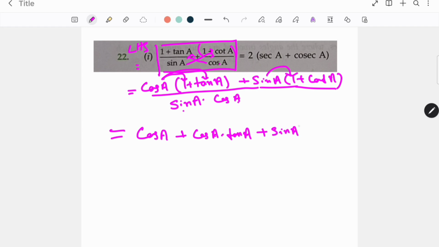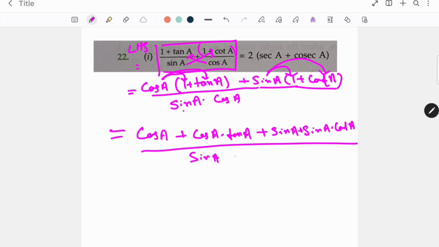So it will be sine A, and here sine A into cot A. Down no change, that is sine A into cos A. Now this cos A we will keep, this tan means sine A by cos A we know.